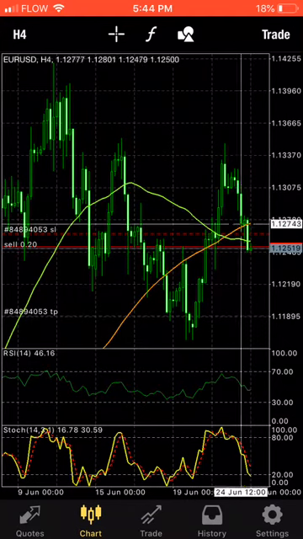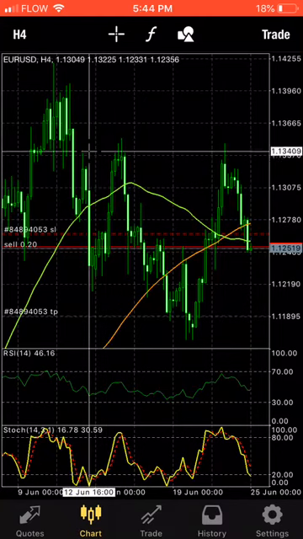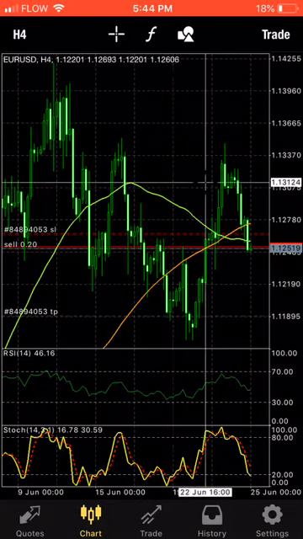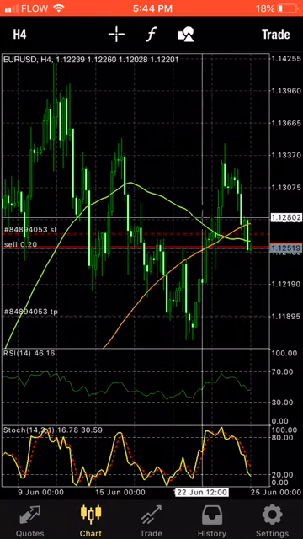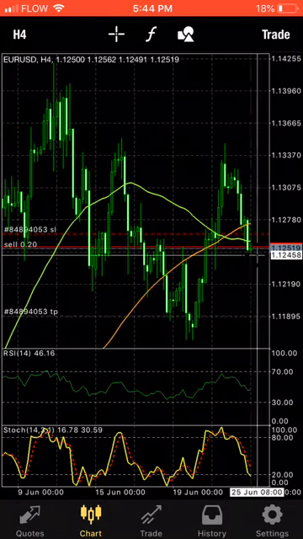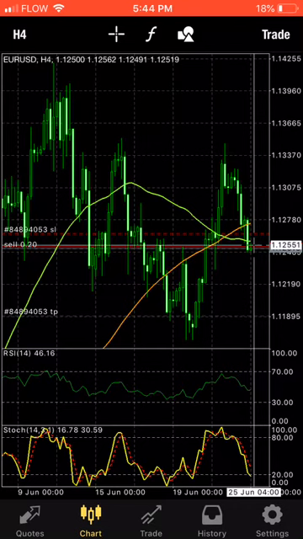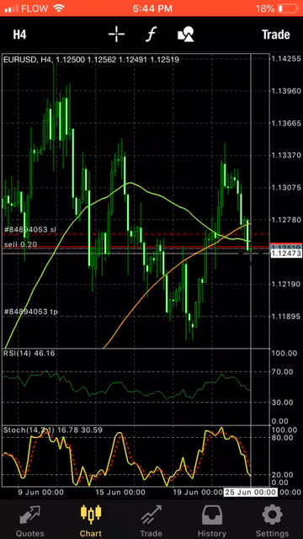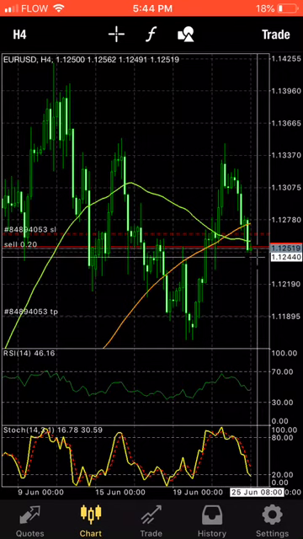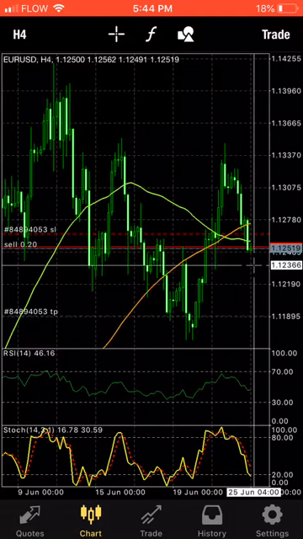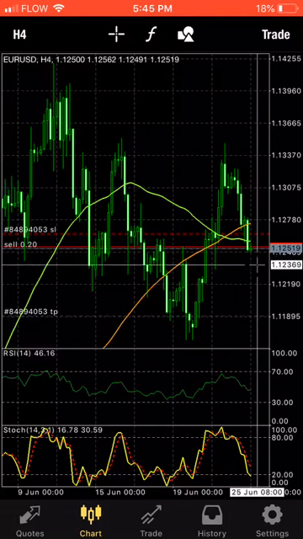So for me, because my leverage is 500 to 1, when I trade at a 0.01 lot size, every digit movement as I'm moving up and down is going to cost me 1 cent.